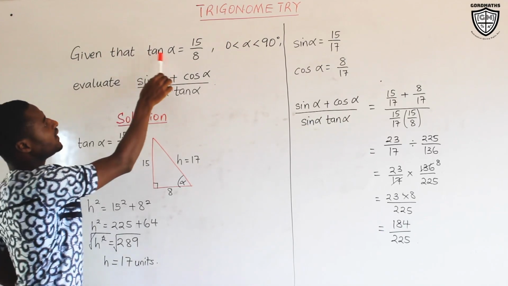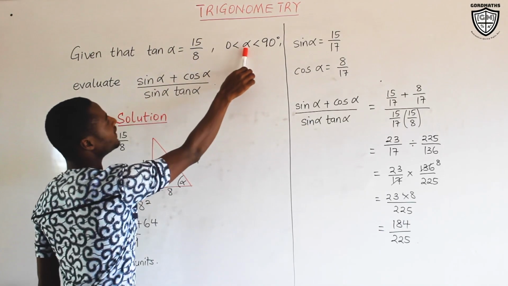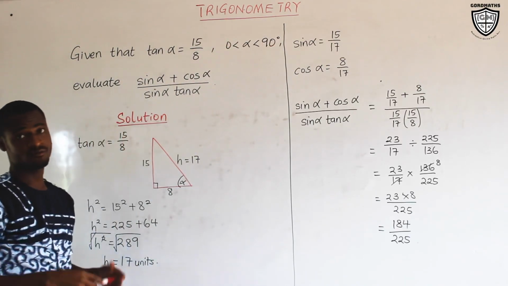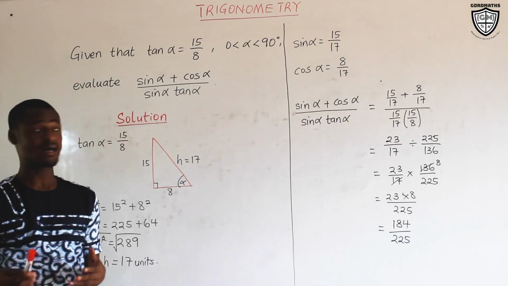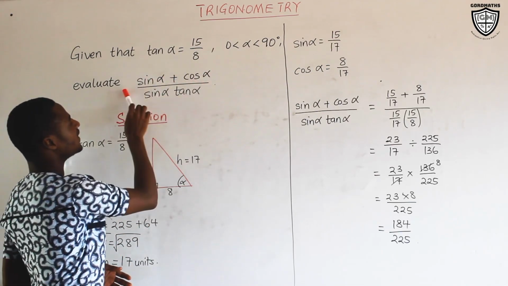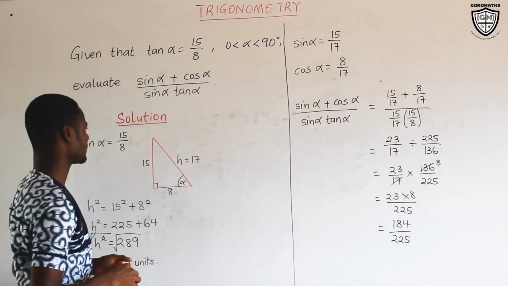Given that tan alpha is equal to 15 on 8, where alpha is greater than 0 but less than 90 degrees, which means that alpha is an acute angle. We want to evaluate sin alpha plus cos alpha all over sin alpha tan alpha.